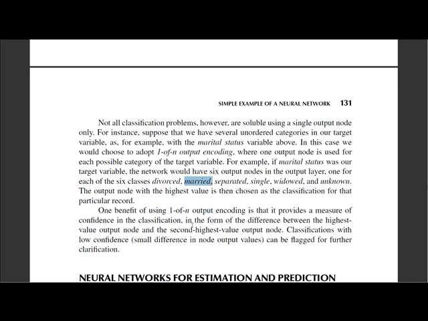One benefit of using 1 of n output encoding is that it provides a measure of confidence in the classification. So if this one is assigned 0.6 and all the others are less than 0.6, you have some measure of confidence in how good this is. For example, if this is 0.6 and all the others are 0.1, then this gets a much higher, maybe we'd say it's more probable.